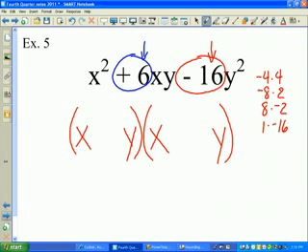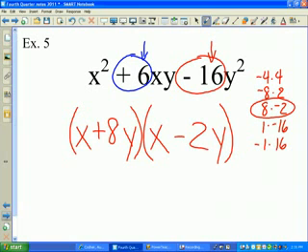Again, you can have 1 and negative 16 or negative 1 and positive 16. Okay? So which one of those products added together will give me a positive 6? Hopefully, you picked this one. That means I have a plus 8 and a minus 2.